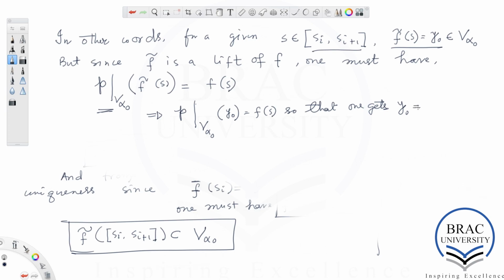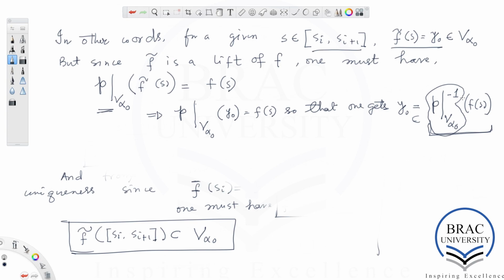So that one gets y0 equal to the inverse of p restricted to V sub alpha 0, applied to F of s. It's important to see that here I'm not writing belonging to, it's generally a set, but it's a one-element set, since this map is injective.